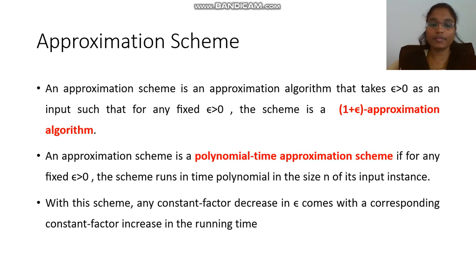For any fixed epsilon greater than 0, if the scheme runs in polynomial time in the size n of its input, we call it a polynomial time approximation scheme. In this kind of scheme, any constant factor decrease in epsilon comes with a corresponding constant factor increase in the running time. So as the epsilon value decreases, the running time increases very rapidly.